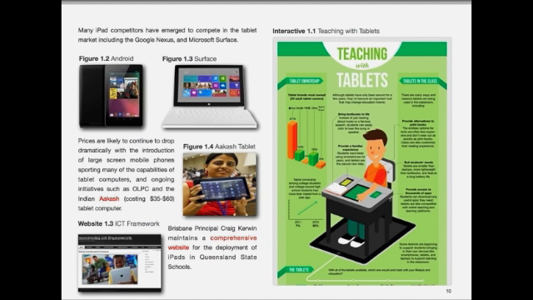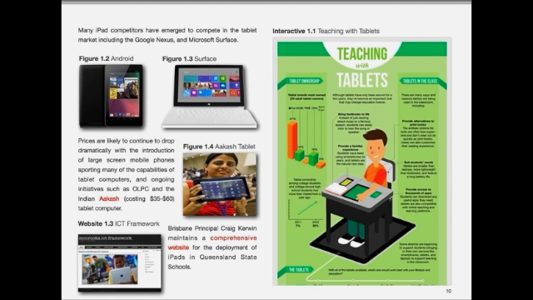Now, we've talked about mobile devices, we've talked about tablets and laptops and so forth. Before those, we used to have iPods that were deployed in some schools, and even before that we had a device called a personal digital assistant, which was sort of like a mobile phone without the phone capabilities. So we've been looking at mobile devices for 15, 20 years now, and how to effectively use them in the classroom.